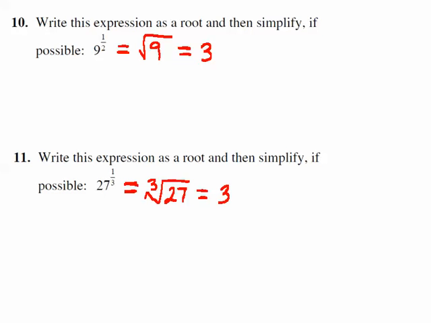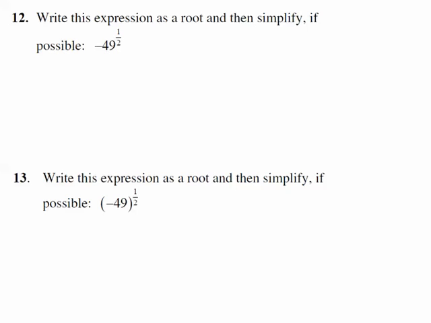Okay, the problem that probably occurs the most often with students and exponents is the whole concept of parentheses. So 12 and 13 deal with that. Let's do this one together. If you do not see any parentheses here, that 1/2 is only acting on the 49.